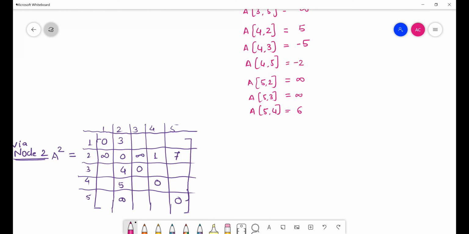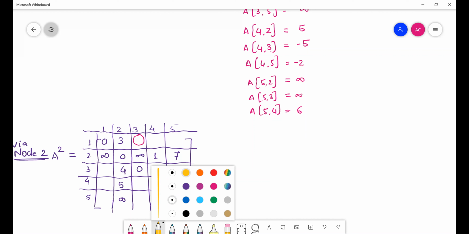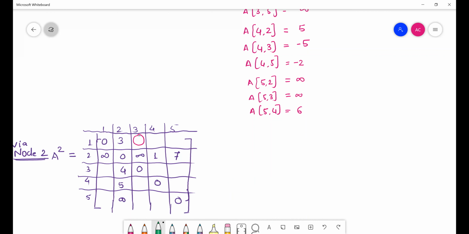So for first row it is 0, 3, 8, 4 and -4. So what we are calculating is A13, A14 and A15. A of 13, A of 14 and A of 15.